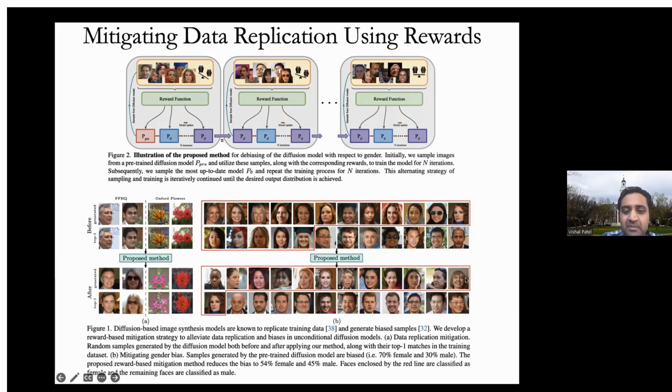So 50% of the images are female subjects and 50% of the images are male subjects. We have also shown that the same mechanism can be applied to deal with the data replication. And we've also come up with a linear combination of the two, where we have only one reward function that can deal with data replication as well as bias problems in diffusion models.